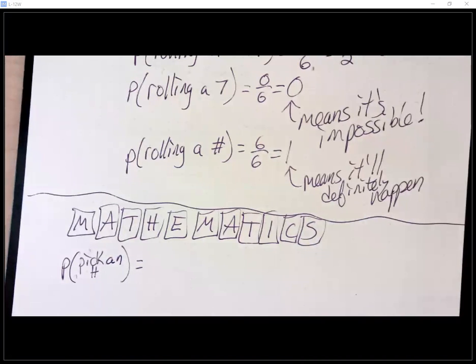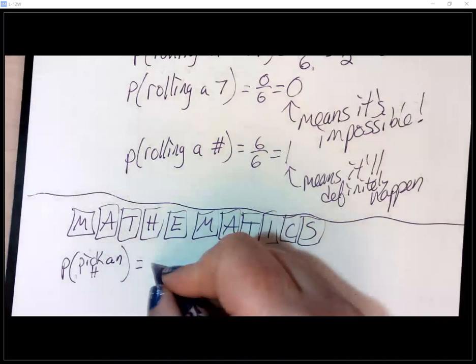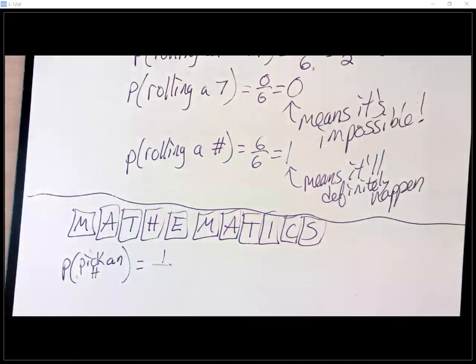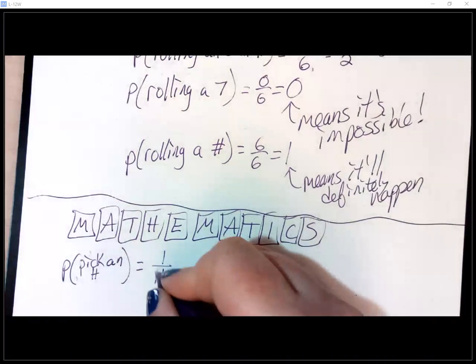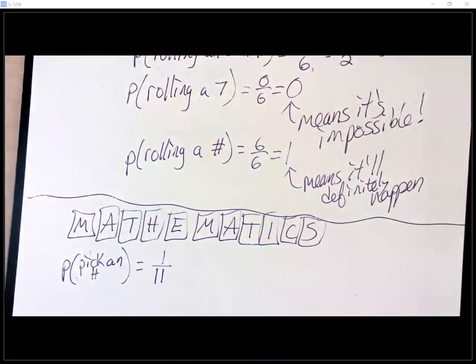Well, how many H's are there? There's just 1, so that would be my numerator. And then how many total do I have? 11. So I'd have a 1 out of 11 chance of picking an H. If I wanted to change that to a percent, I could, and that would be about 9%.